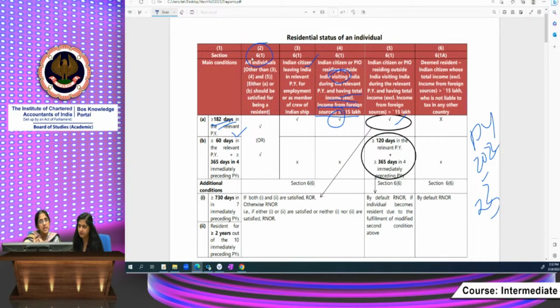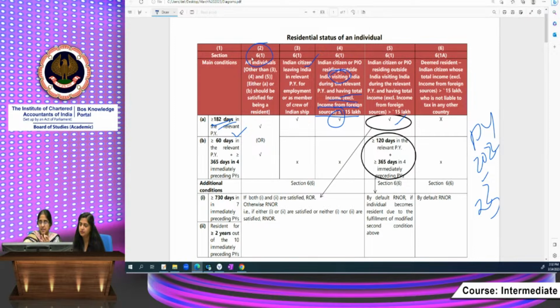So whom am I talking about now? I am talking about an Indian citizen or a person of Indian origin residing outside India, visiting India during the relevant previous year 22-23, having total income, excluding income from foreign sources, greater than 15 lakh. That is my Indian income plus my income from business controlled from or a profession set up in India.